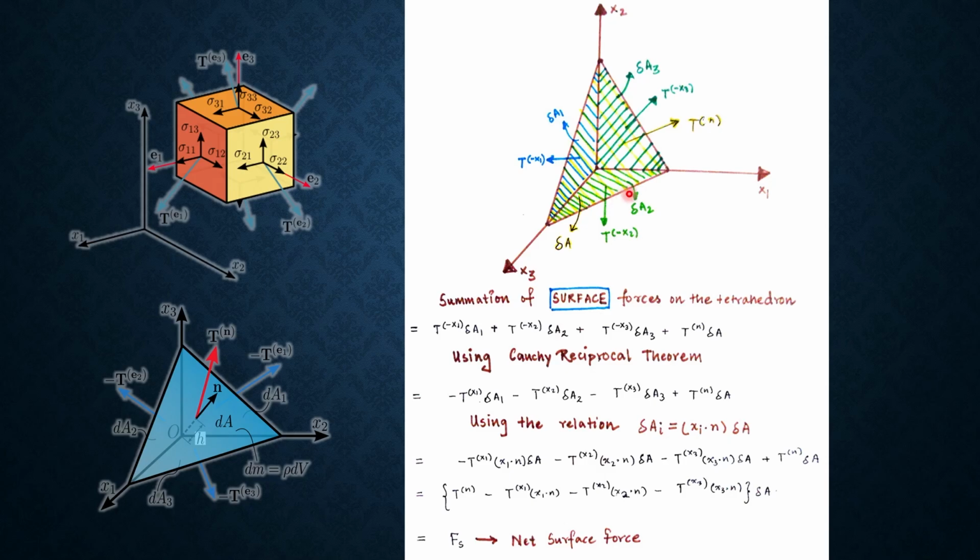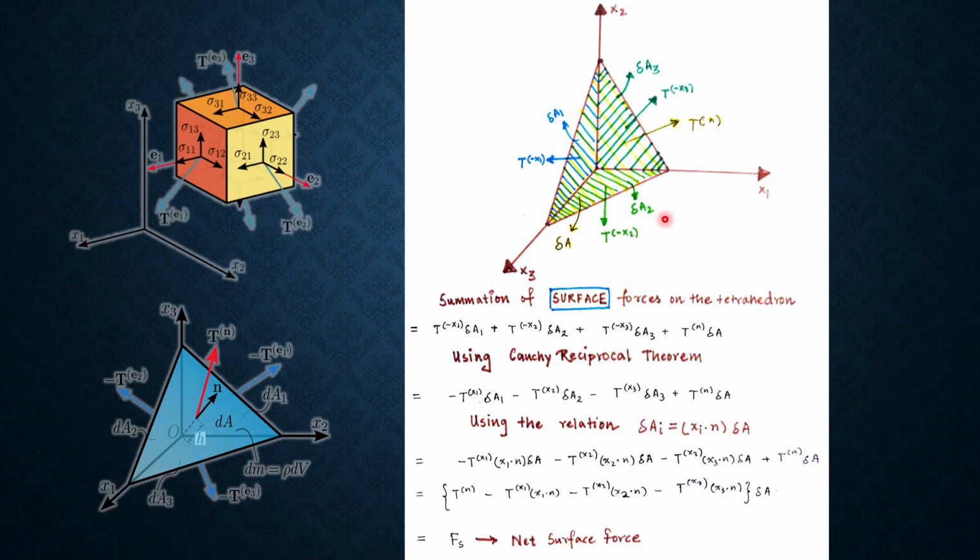This face that I'm marking has the area delta A2, and this face is of area delta A3. And this slanting face, the one that I'm marking now, has an area of, let's say, delta A. They have also been shaded differently. This is blue but not quite visible.